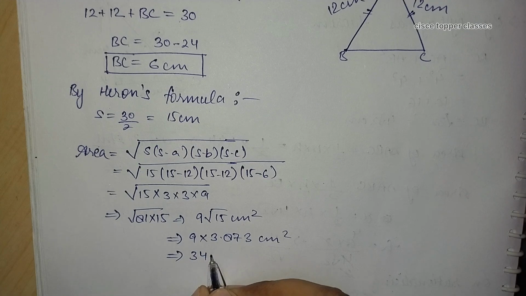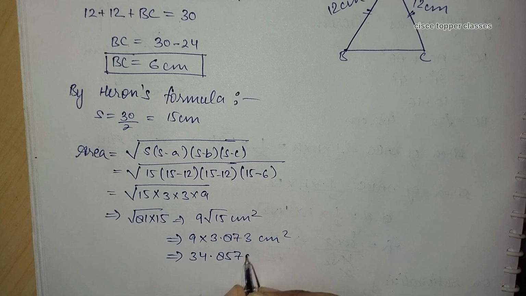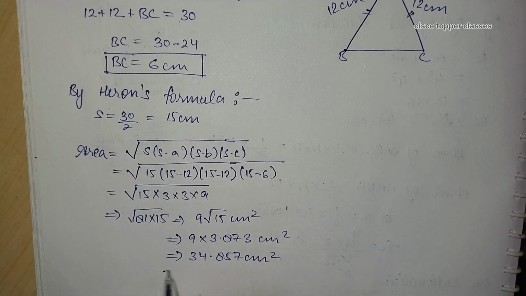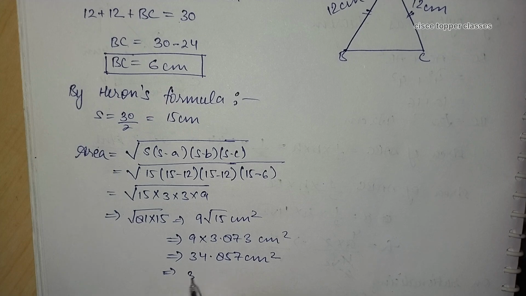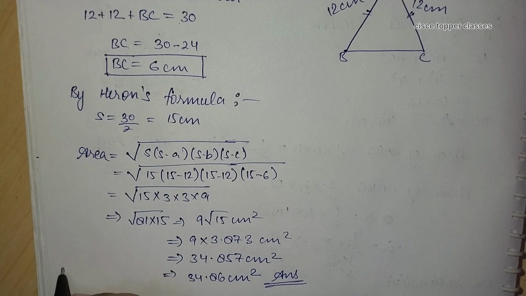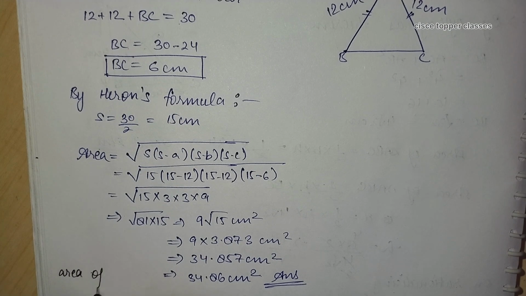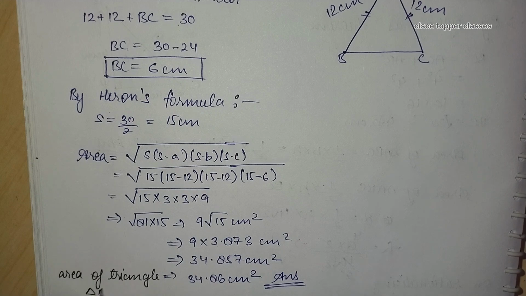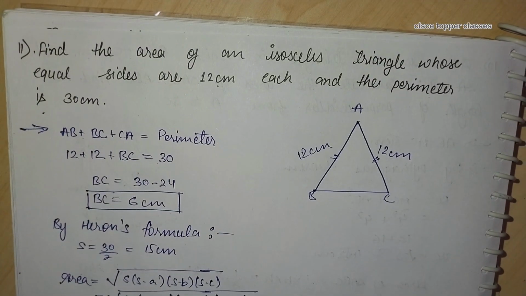So this will be 34.857 centimeter square. So this is the final answer in this question. Means area here is area of triangle ABC. This is the final answer which we have to find in this question. And this is the solution of this question.